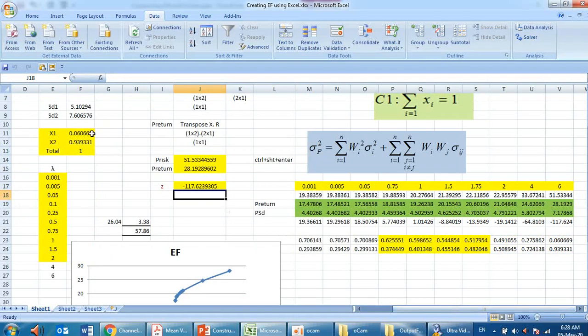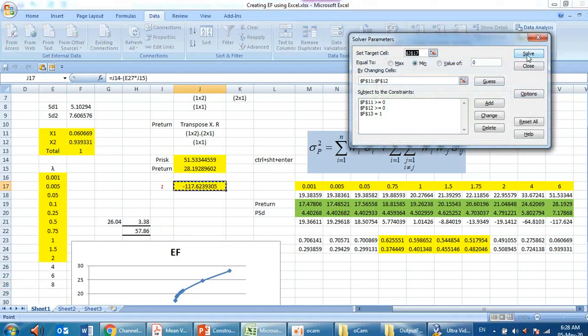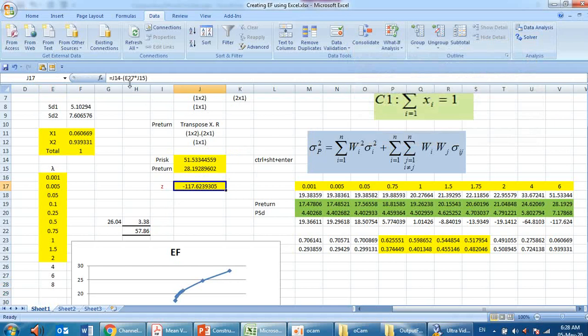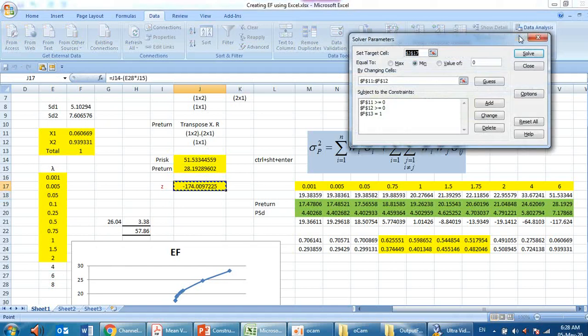I got the same answer, but if you remember, when you go for 8, I was getting a negative value. Hold on, I'll change and give this value.